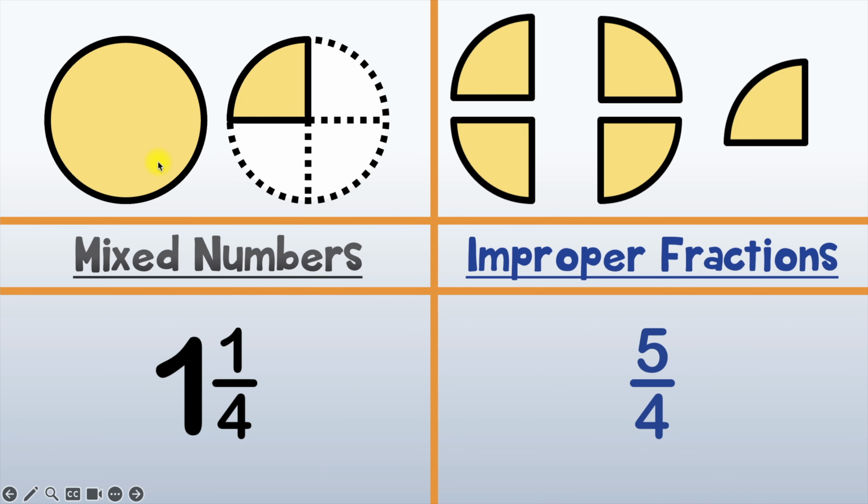And remember, nothing has changed. The model still has all the same stuff, whether we're talking about the mixed number side or the improper fraction side. That's because, like I said before, they do the exact same thing. And now that we've gone over the model, let's dive into how exactly to convert from mixed numbers to improper fractions step by step.